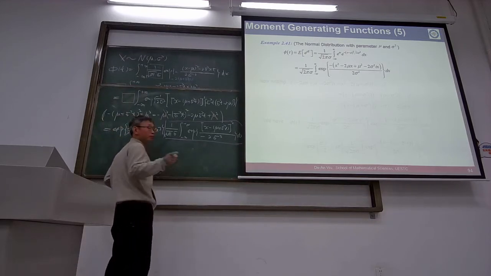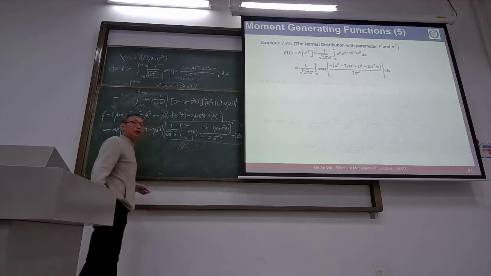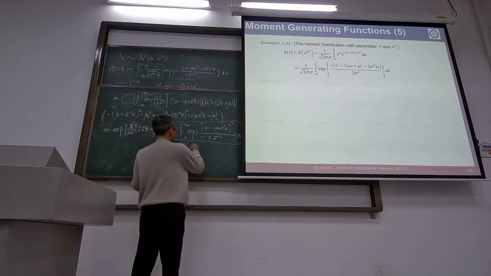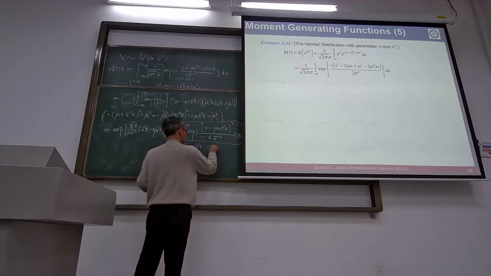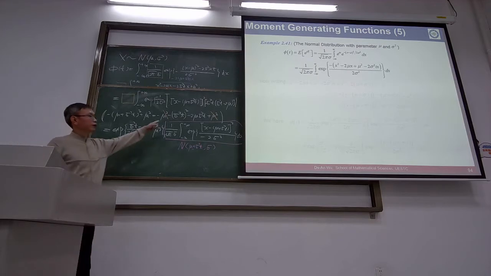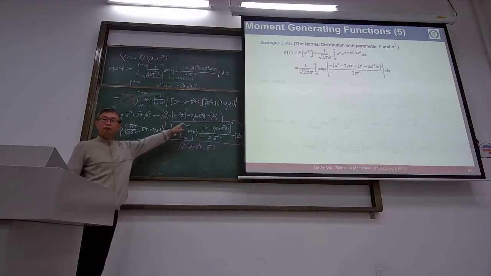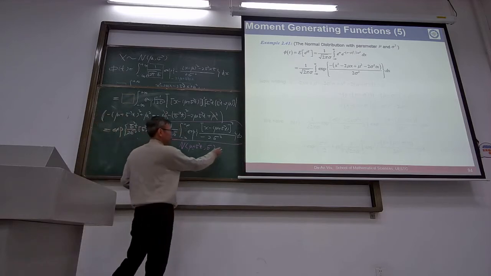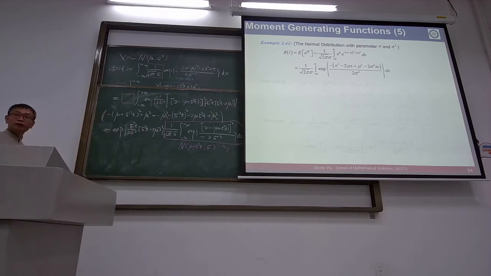This is just the density function of a normal distribution with mu as expectation and the variance this line. So the density function integrated from minus infinity to plus infinity just equals what?